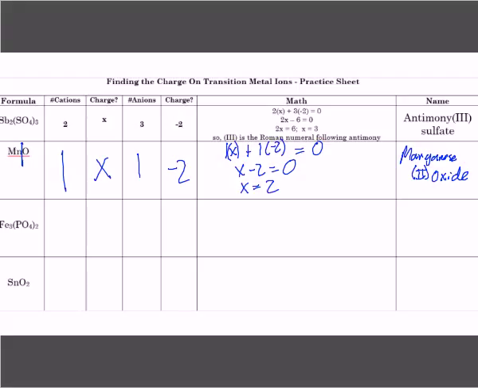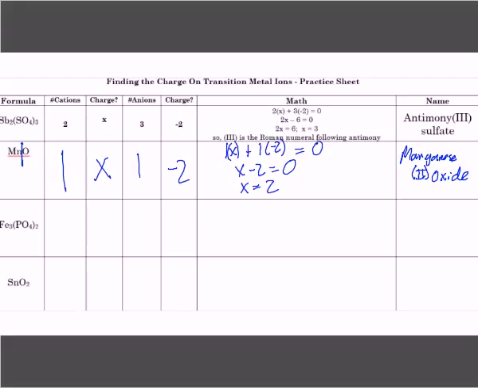Remember, we're keeping it simple. Even though anions, when we look at groups 17 and 16, sometimes have more than one charge, like nitrogen's got a bunch, we're keeping it simple and going with the first charge that we see unless we're otherwise told that it's something else.